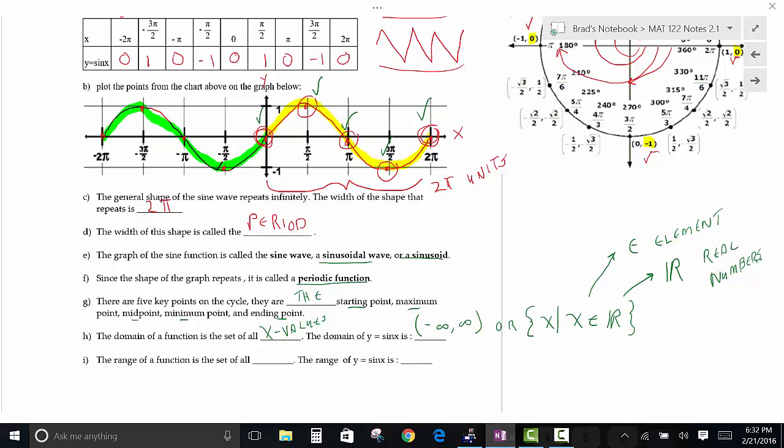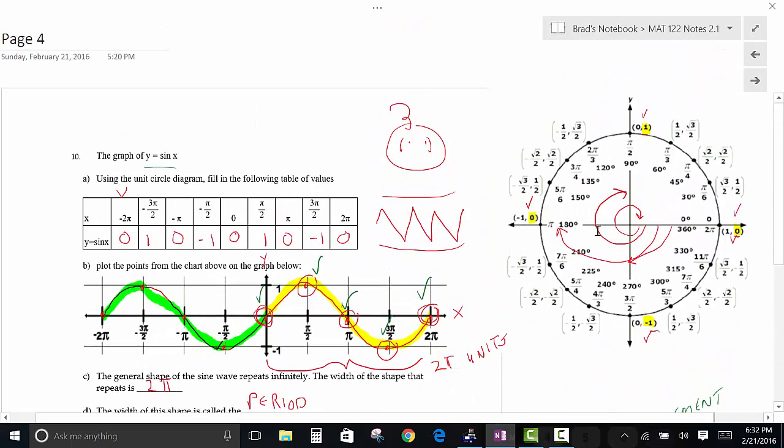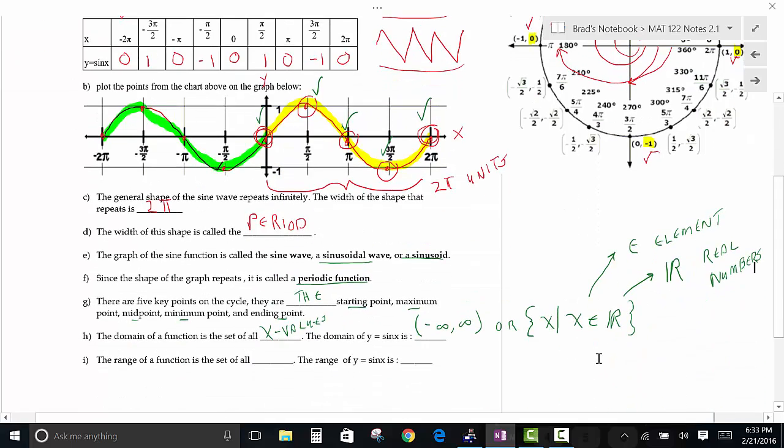All right, and the reason why the domain is all real numbers is if you look at this unit circle, y is always defined. There's no point on the unit circle that does not have a y value. That's y. So if you look at the range now, the range we learned, of course, is the set of all y values in your function.